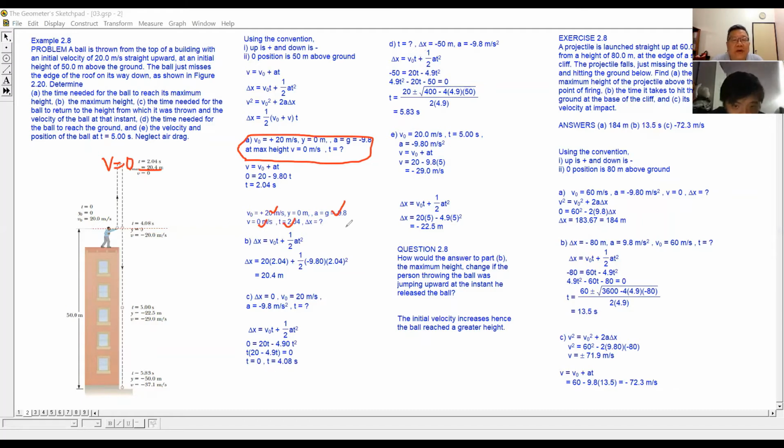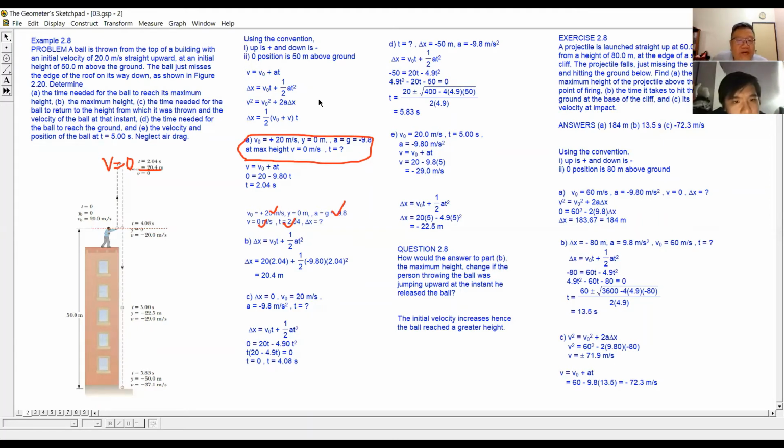So which formula to use? Initial velocity, no. Final velocity, no. Acceleration, we know. Time, we know. And we want to find delta x. Looking at these formulas, how many involve delta x? There are two of them, the second one and the third one. It is up to you to decide which one you want to use.